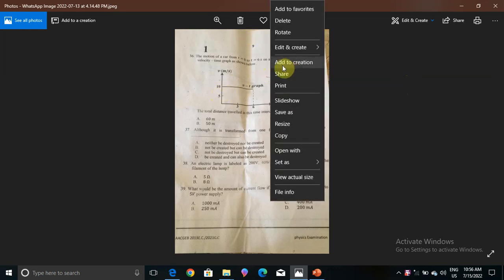Here first of all we have 10, right? Here we have 10 and we have 6. So when we multiply 10 by 6 it will be 60, right? So that means the correct answer for question number 36 is 60 meters.